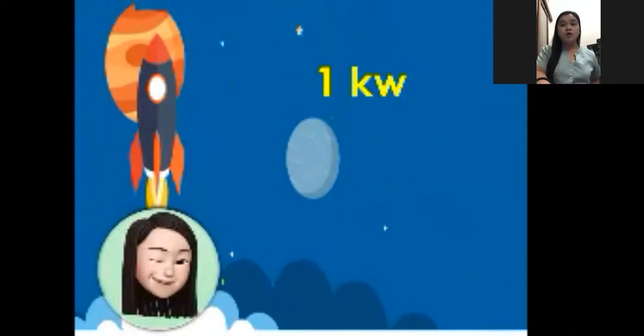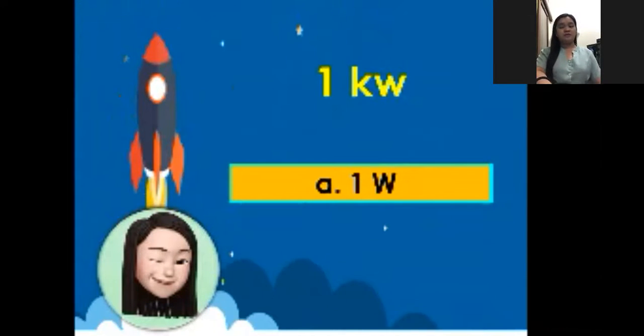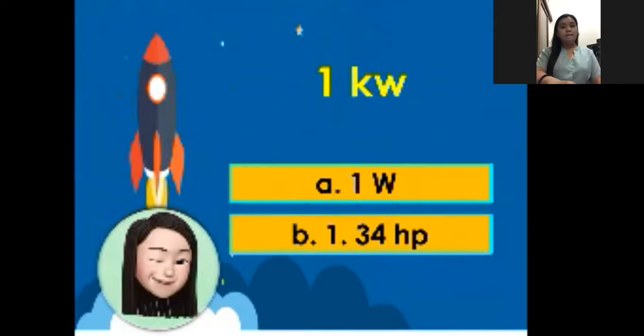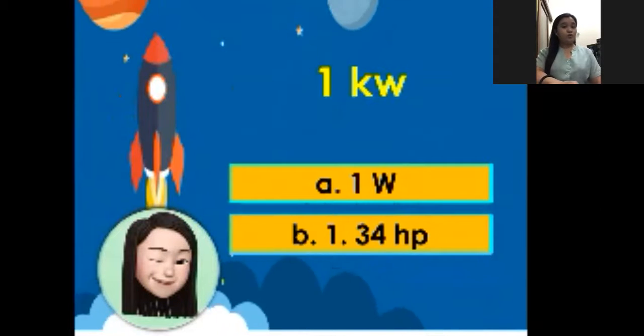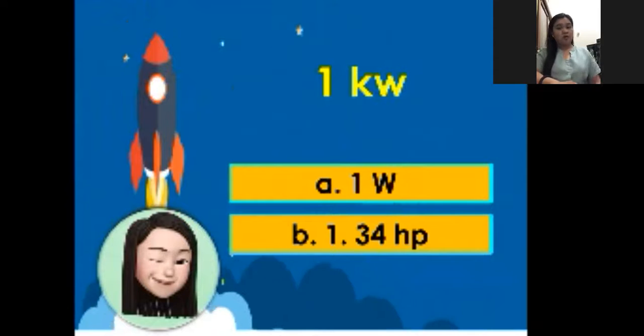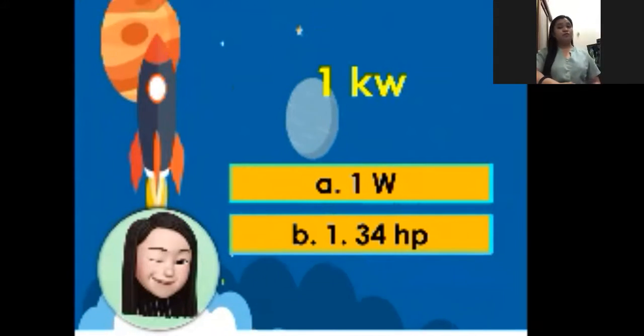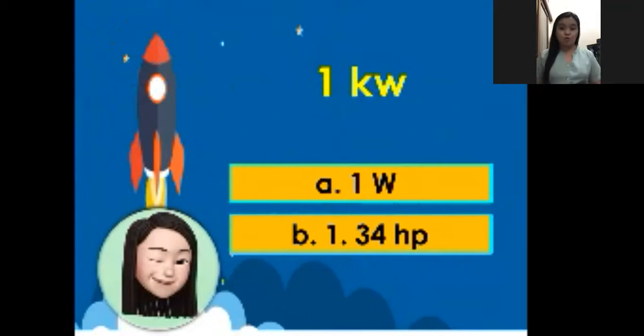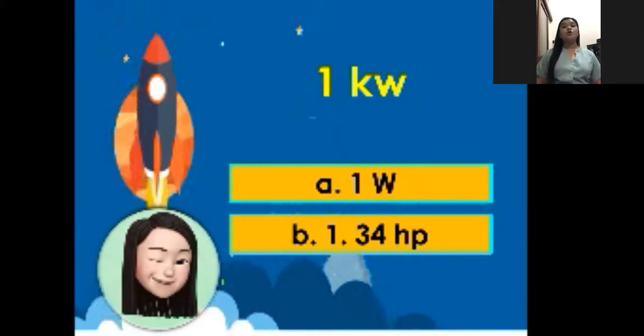Number 1, 1 kilowatt. Is it A, 1 watt, B, 1.34 HP? Again, 1 kilowatt. A, 1 watt, B, 1.34 HP. Go. 5, 4, 3, 2, 1.